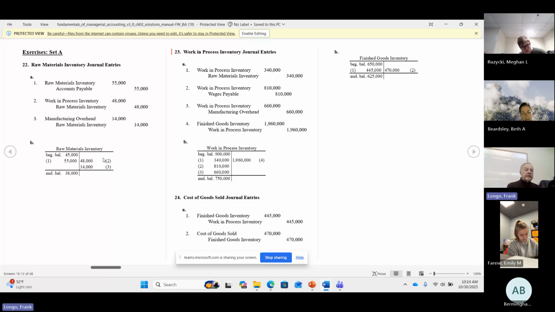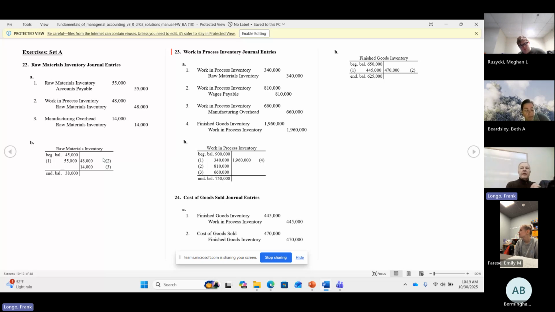What's important about this is that when we remove raw materials to put them in process, we accurately put them or assign them to the appropriate account. So when we assign it to in process, that means we're working on that.